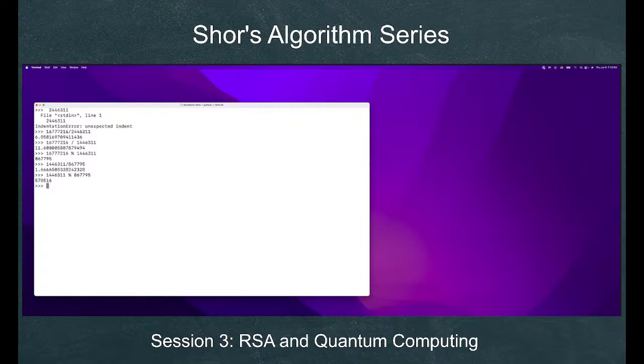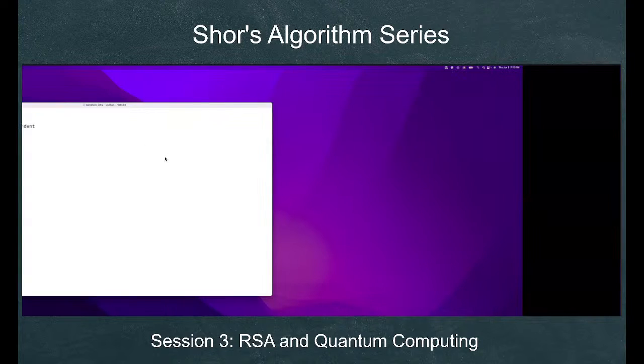Let's do that here: 794 raised to the 25 modulo 3127. Okay, 1907.